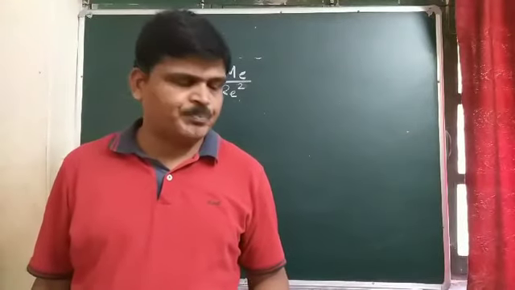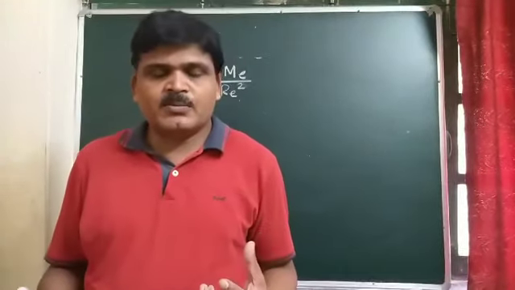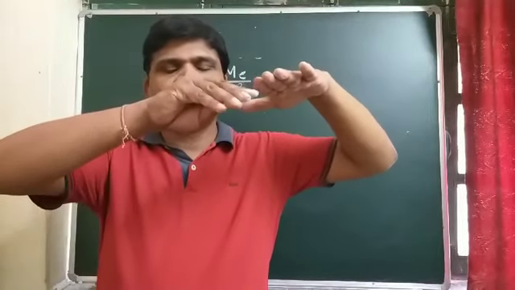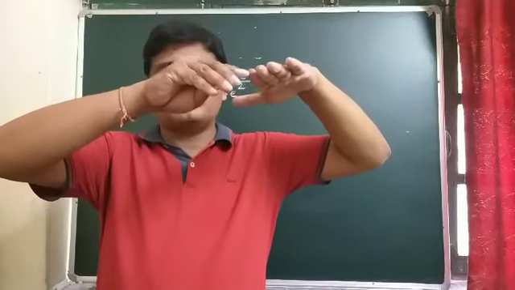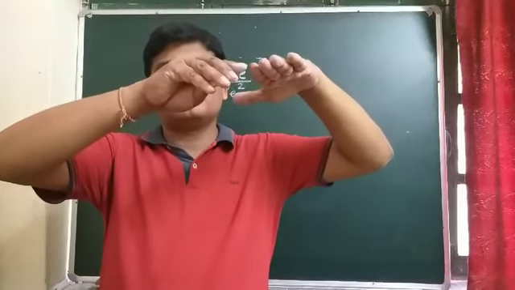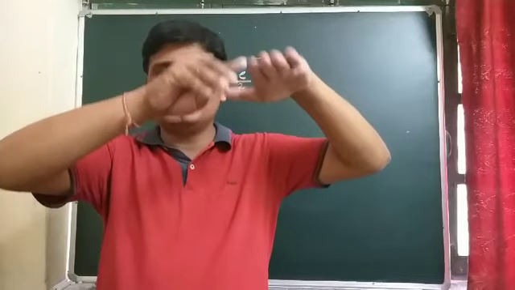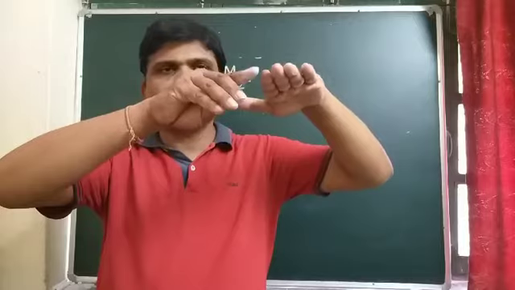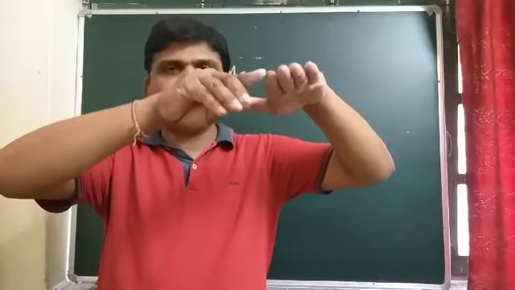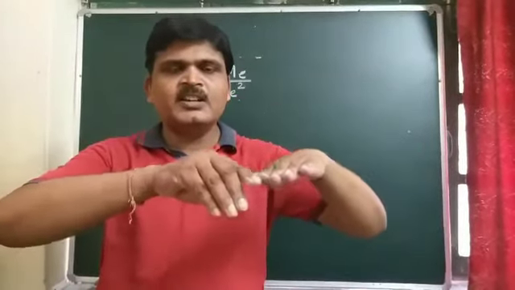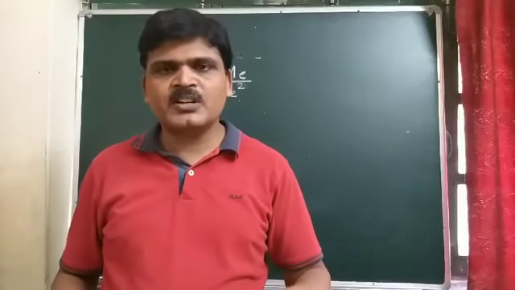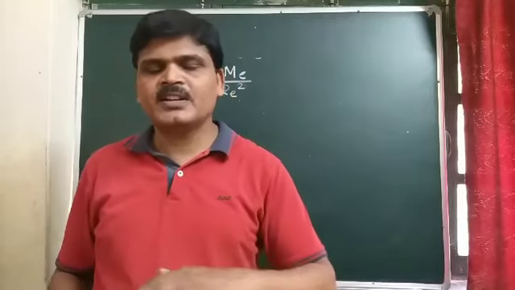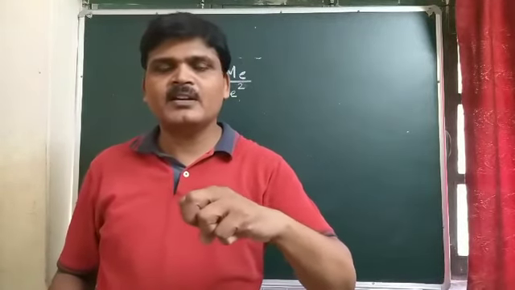And students, one example, listen carefully. Suppose a paper sheet and a stone are dropped from a certain height simultaneously, meaning both the sheet of paper and the stone fall freely from the same height at the same time. So we see that the stone reaches the ground earlier than the sheet of paper.